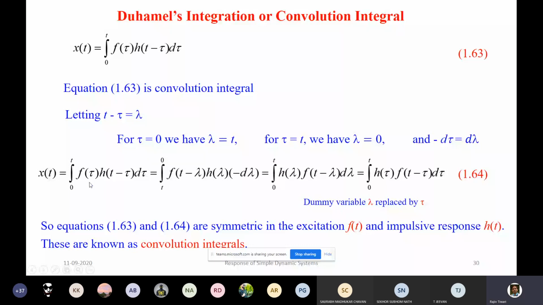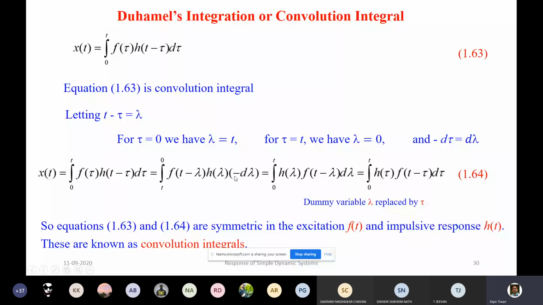here I have substituted in place of lambda. In place of this tau, I have put t minus lambda. I think this should be t minus lambda. Okay. So tau you bring to this side, so this will be t minus lambda, and d tau becomes minus d lambda.